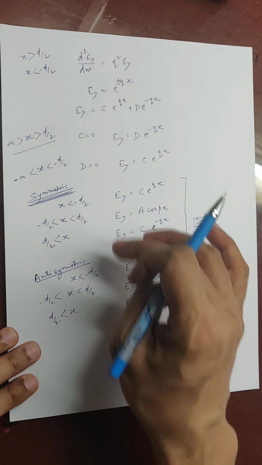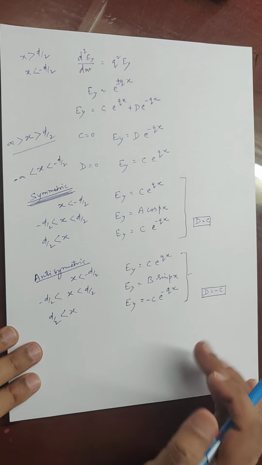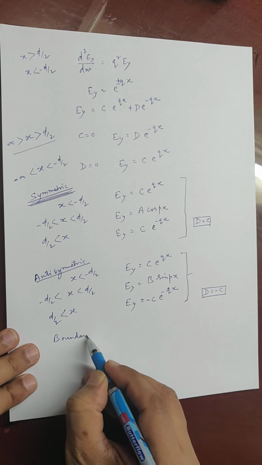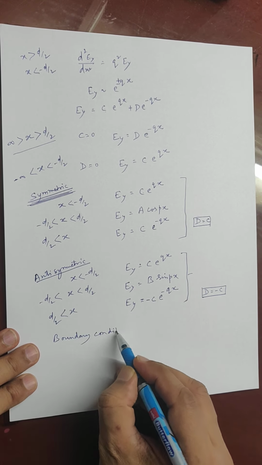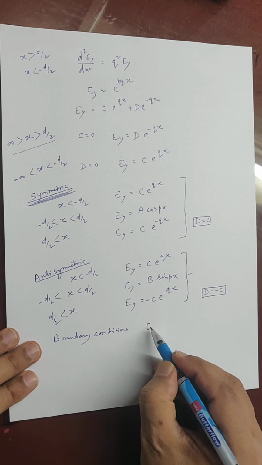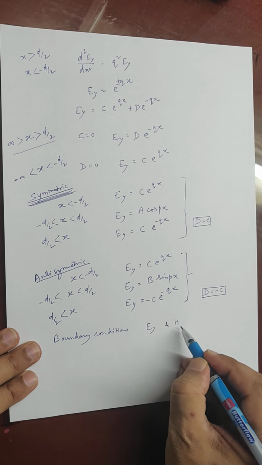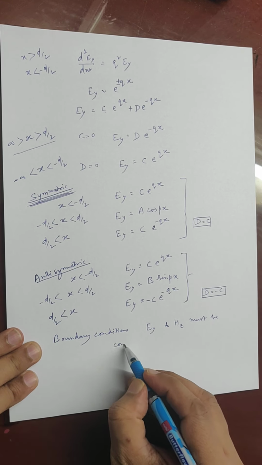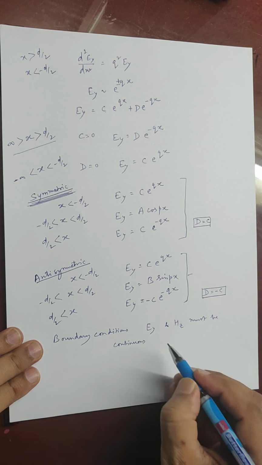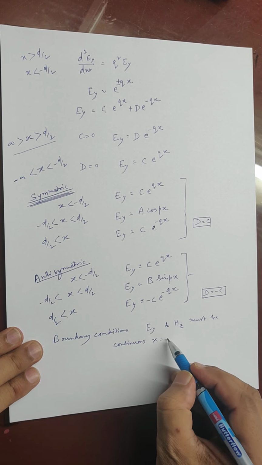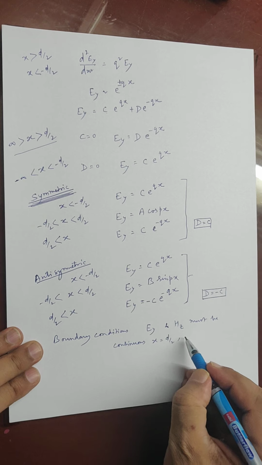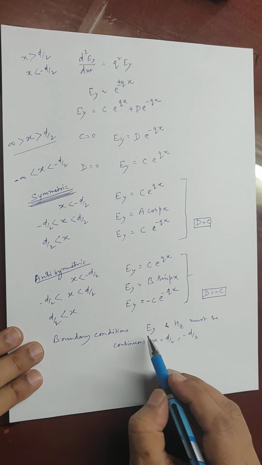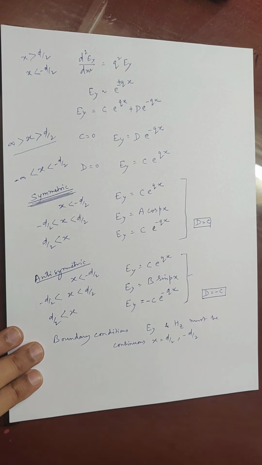So with these, on both these solutions, there is an additional requirement, a boundary condition, and the boundary condition is that EY and HZ must be continuous across the boundary. Which means that it should be continuous at x equal to d by 2 and also at x equal to minus d by 2. These are the two boundaries that we have in this problem. So EY and HZ must be continuous across it.